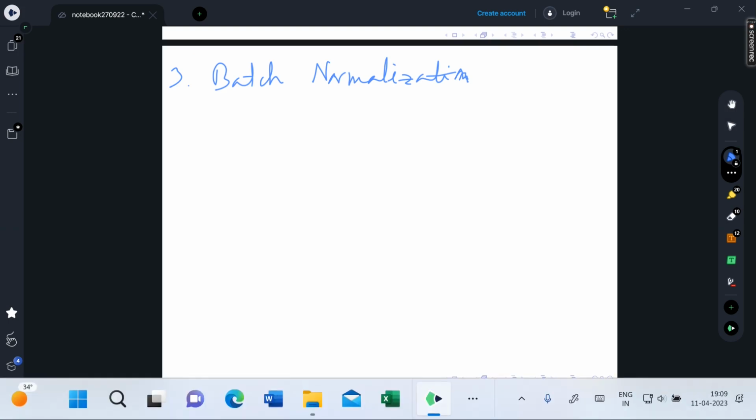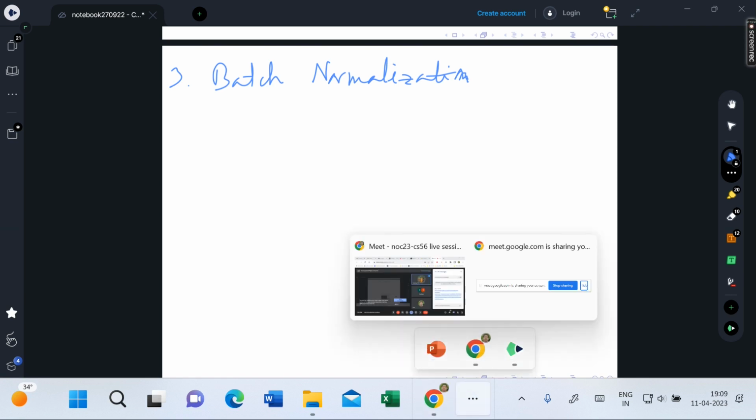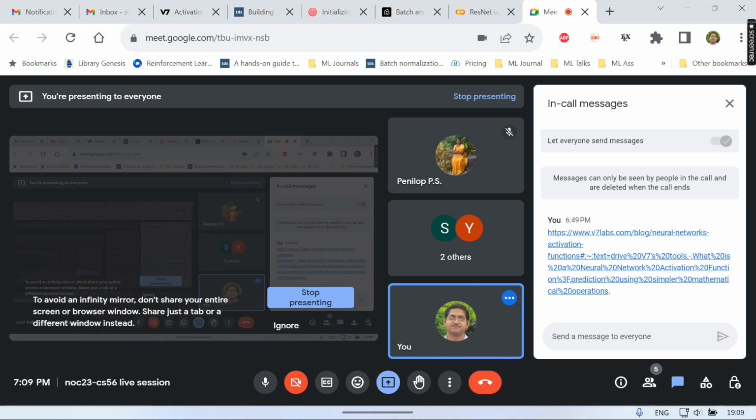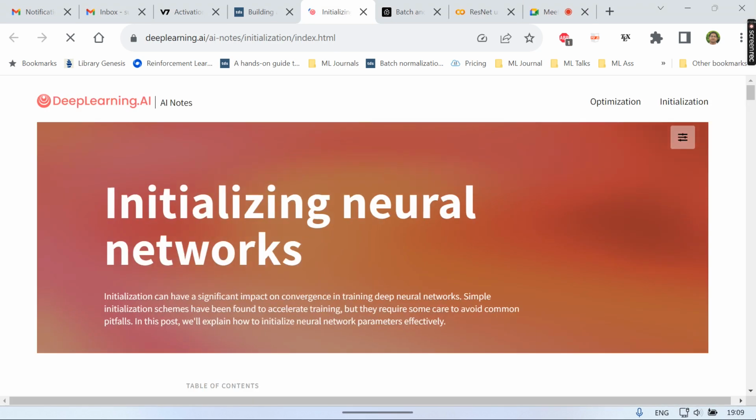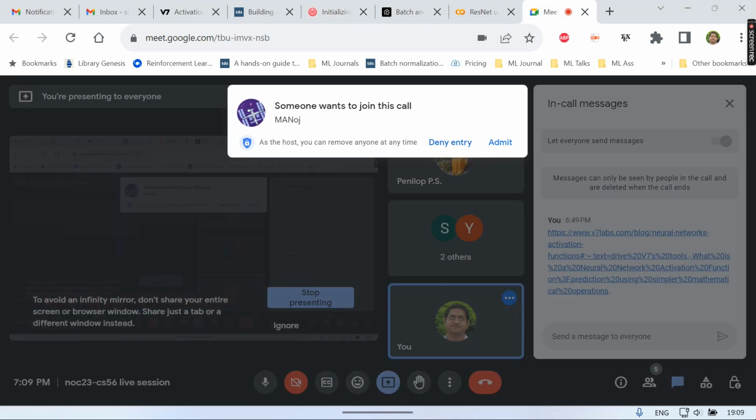Yeah, because there is a confusion between batch normalization, layer normalization and all. Can you just give me a brief introduction? Okay, I will.